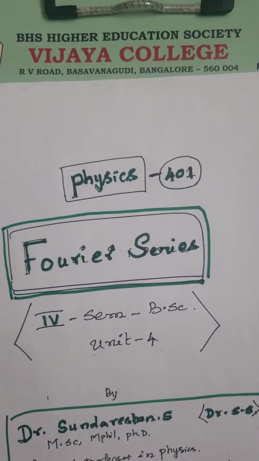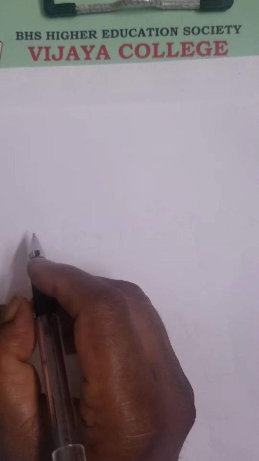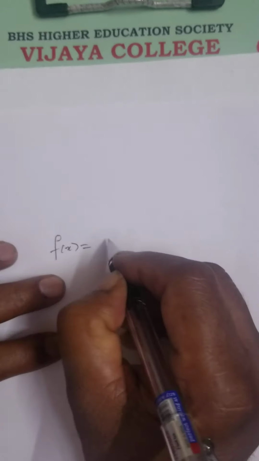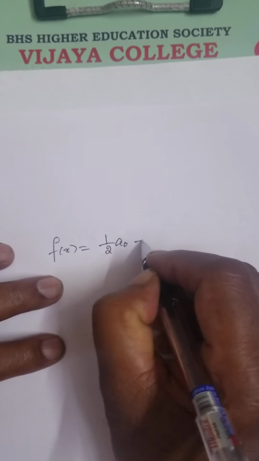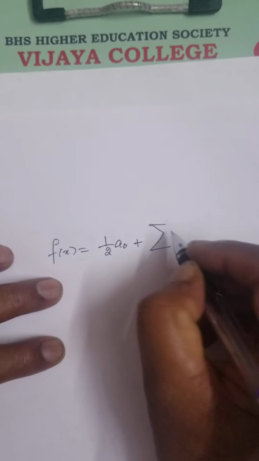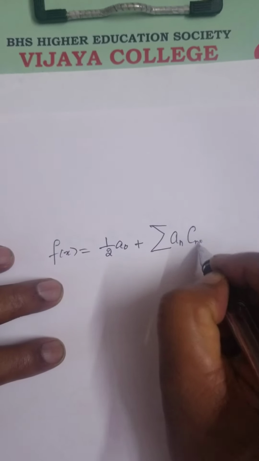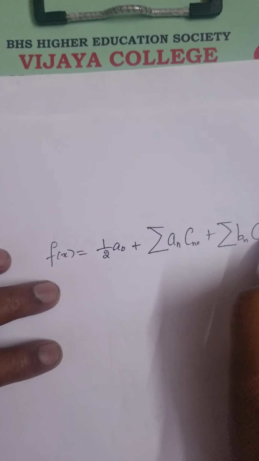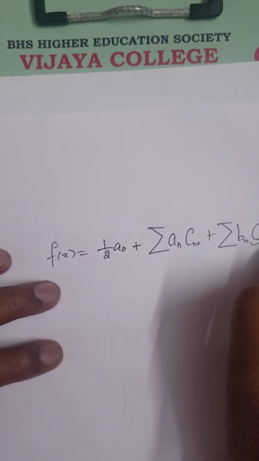What is the statement? Students, as soon as you state Fourier's series: f(x) is a periodic function. You start like this, they will mug up like this: a0/2 plus sigma an cos nx plus sigma bn sin nx.